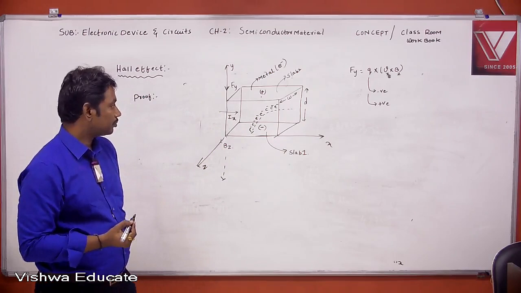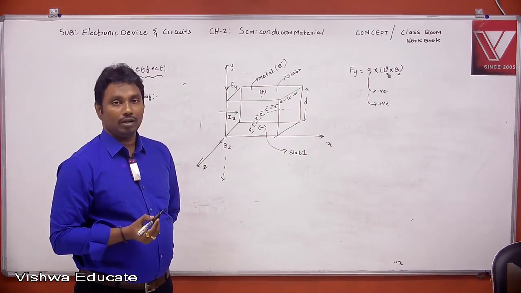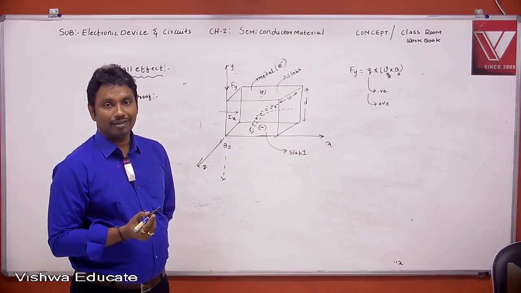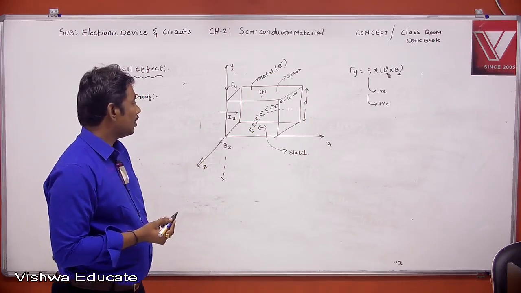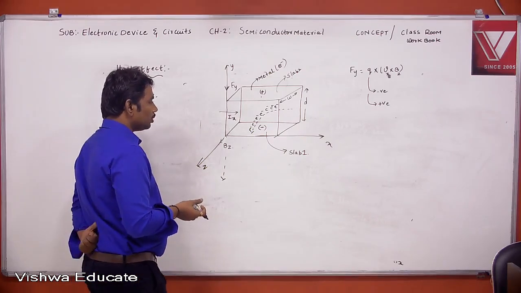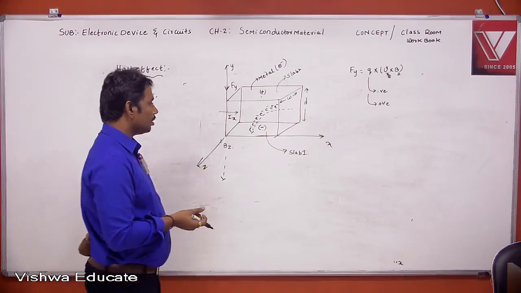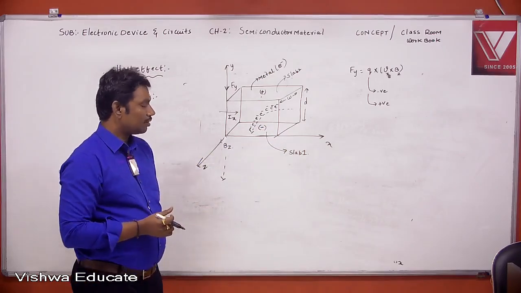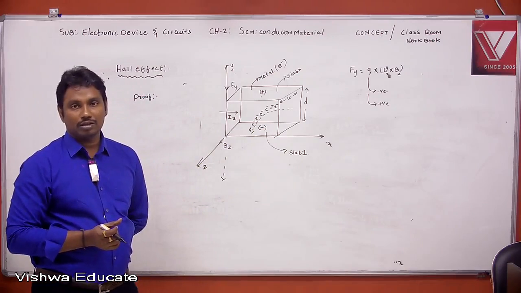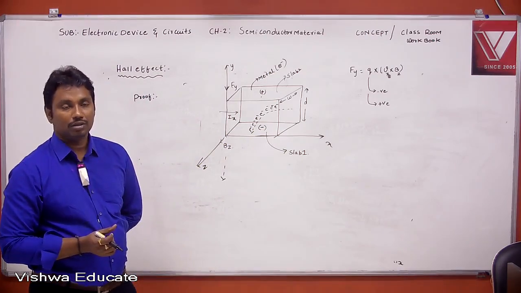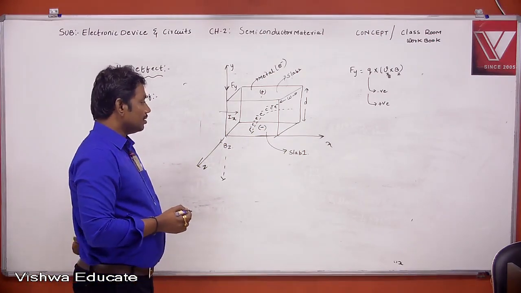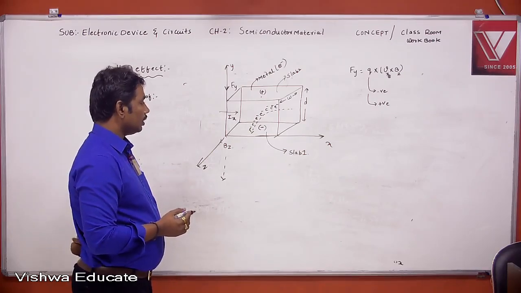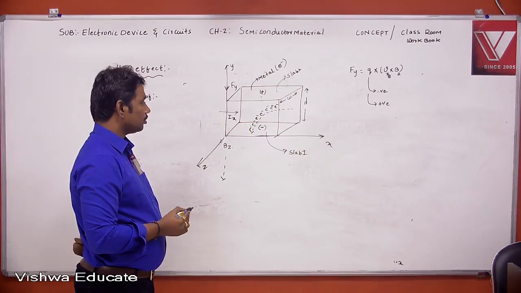Write down. Due to this Lorentz force, electrons are bending towards downwards, due to which slab 1 becomes negative.